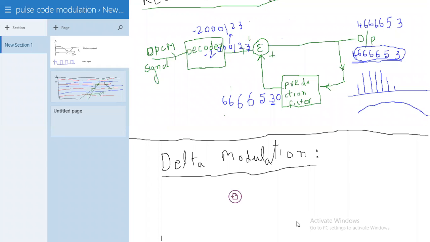But even though redundancy is reduced in DPCM, the bandwidth is still comparably large. So here we further reduce the bandwidth. ఇంకా మనము bandwidth ని reduce చేయాలి, signaling rate ని ఇంకా మనము తగ్గించాలి.